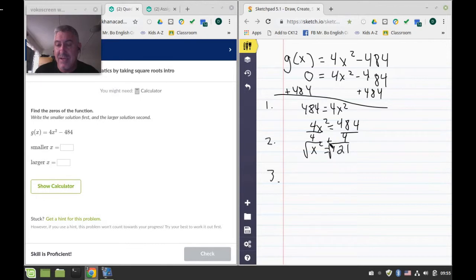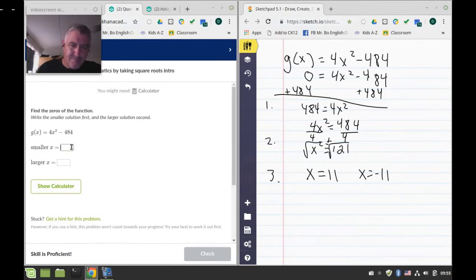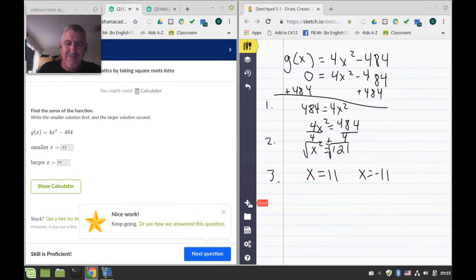And when we do that, we need to remember to take both positive and negative. So x is going to equal 11, because 11 squared is 121. And x is going to equal negative 11, because negative 11 squared is 121. So Khan wants the smaller number here first and the larger number second.